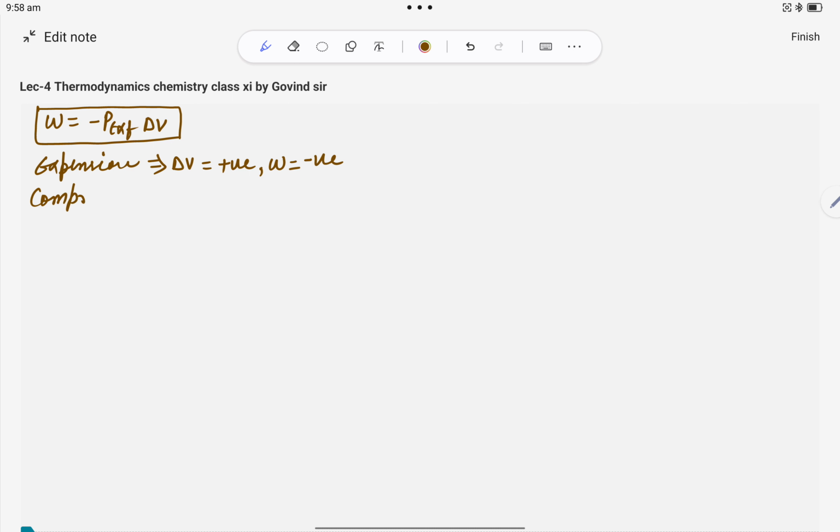Compression: then delta V is negative and work will be positive. These two things you have to remember.